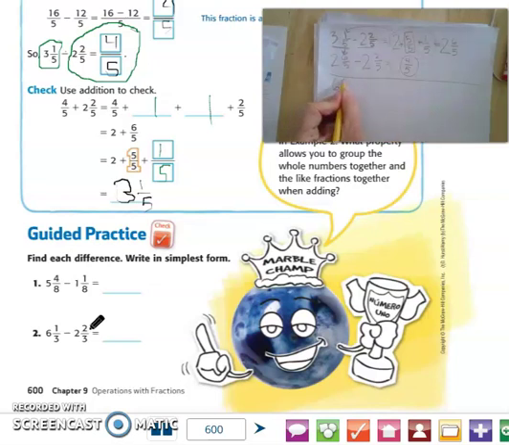So we've got 6 and 1/3, subtract 2 and 2/3. I'm going to rewrite 6 and 1/3. Here's my thought bubble. 6 and 1/3 equals 5 and 1 and 1/3.